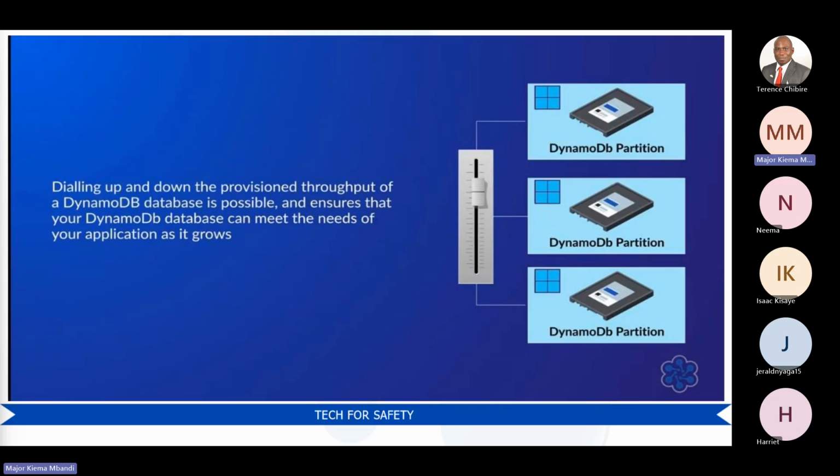So dialing up and down provisioned throughput. Being able to set a throughput configuration for the database is possible to ensure that the DynamoDB database can meet the needs of your application as it grows. So you can do provisioned throughput, whereby you define in advance the throughput that you need for these DynamoDB partitions. So the throughput can be in the form of read and write capacity.